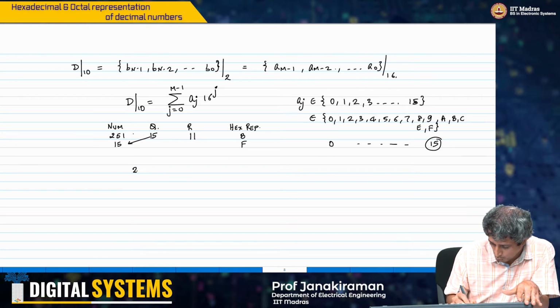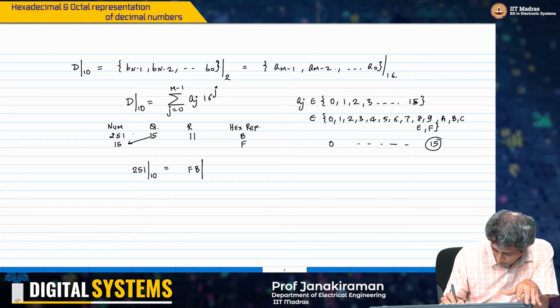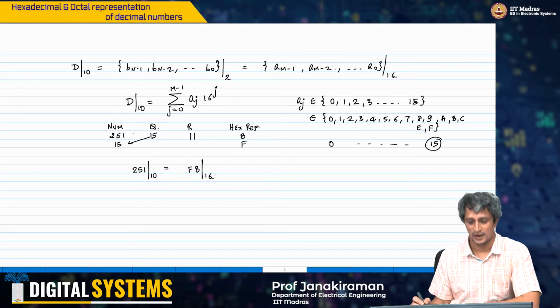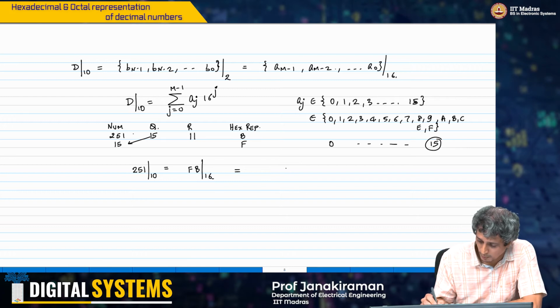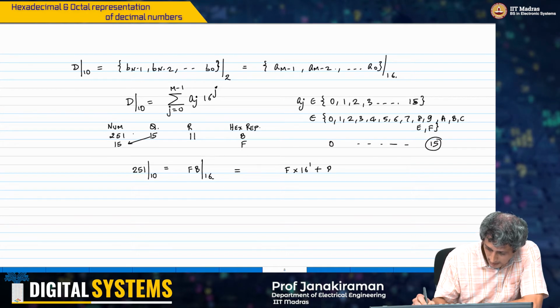Therefore 251 in base 10 is equal to FB in base 16. Right? So what does this mean? It means it is F into 16 power 1 plus B into 16 power 0.